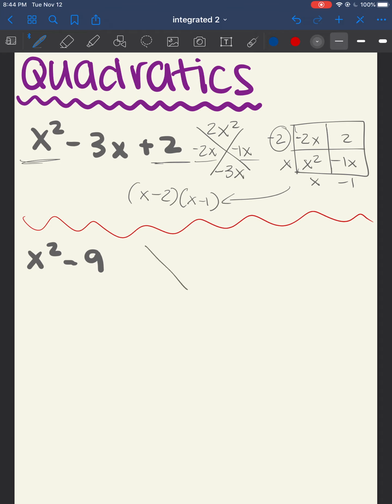So you have your negative 9x squared on top, and you have 0x, because there's no middle term in between these. So what multiplies to get negative 9x squared but adds to get 0? Well, negative 3x and 3x cancel each other out.